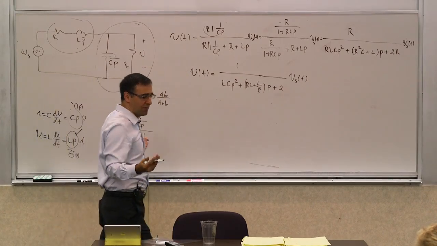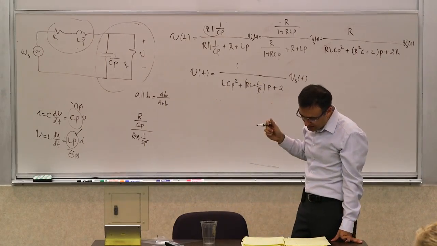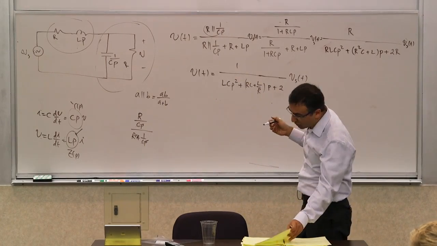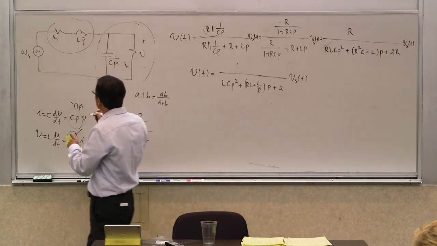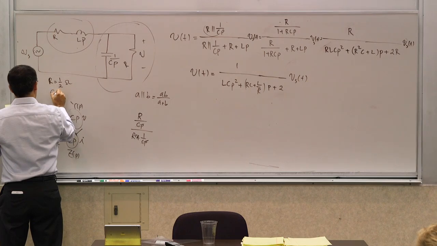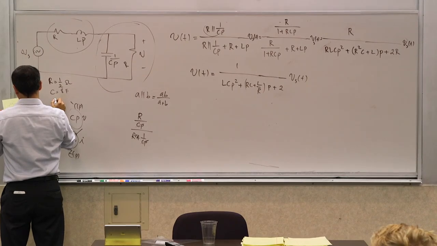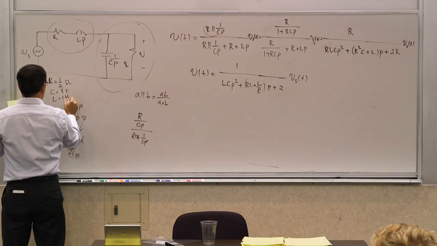Now, if I give you some numerical values for these components, for example, the numerical values I've chosen are both R's being 1/2 ohms, C 8 farads, and L is 1 Henry.